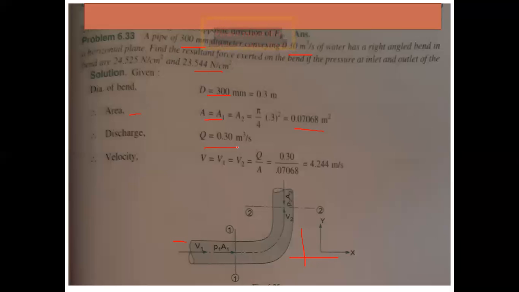So you have the diameter, the area and the discharge. Then the velocity: v1 is equal to v2, that is equal to Q by A. Therefore v1 or v2 is equal to 4.244 meters per second.